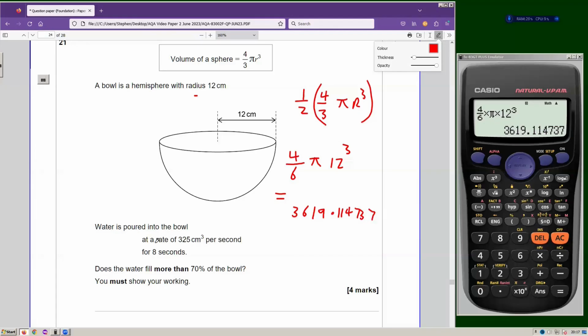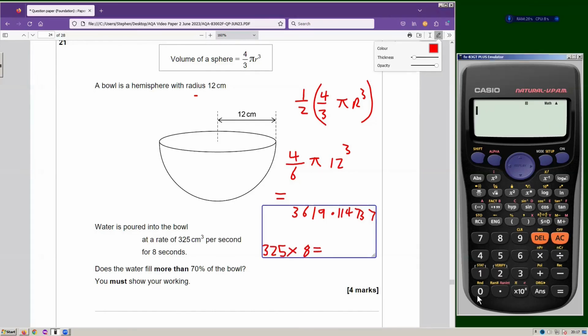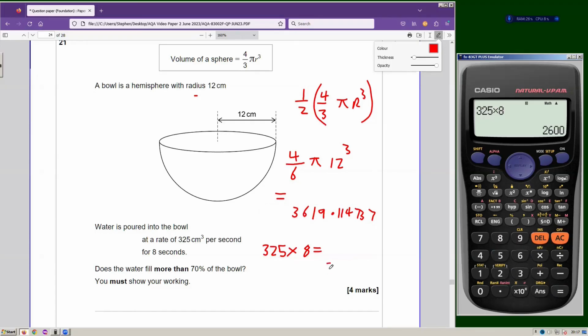And now we've got to work out this. 2600. Okay. Then we've got to go 2600 divided by 3619.114737 times by 100 to get our percentage.